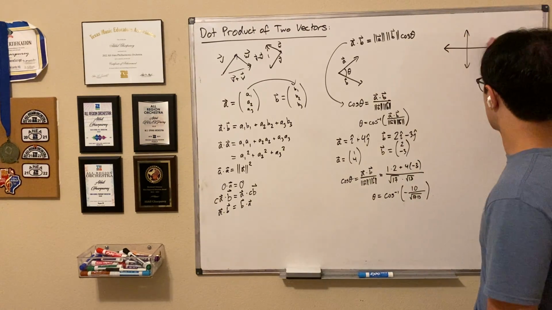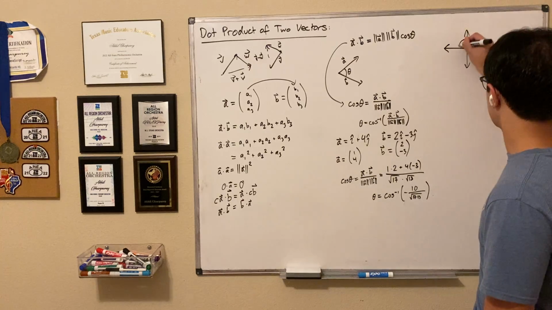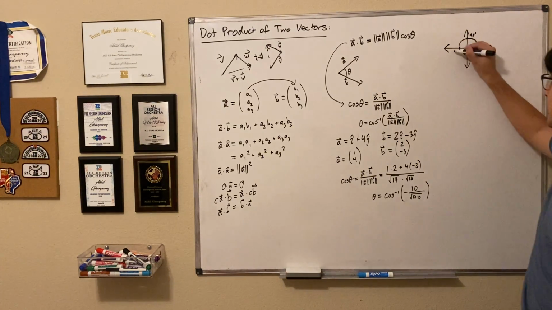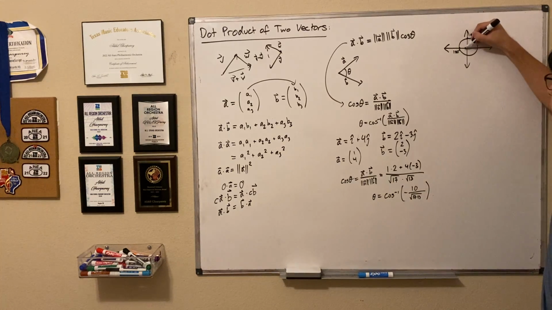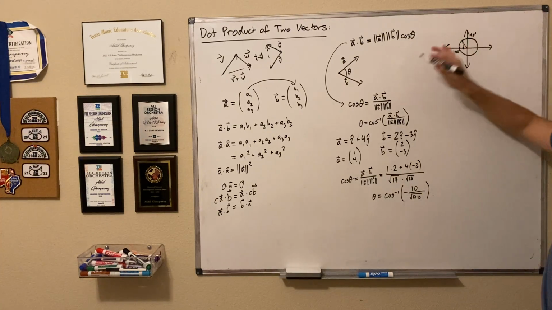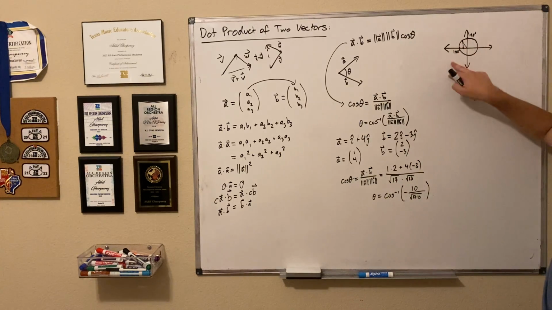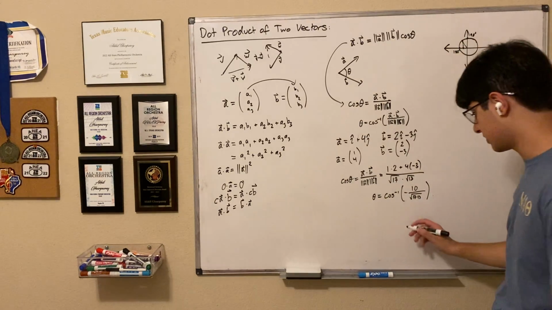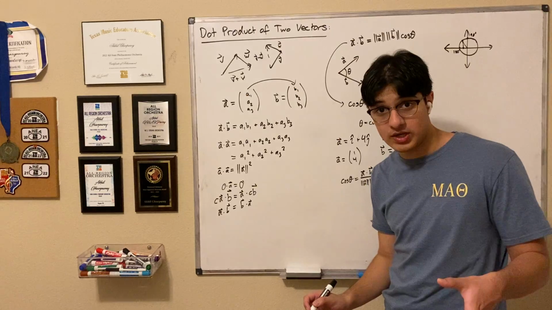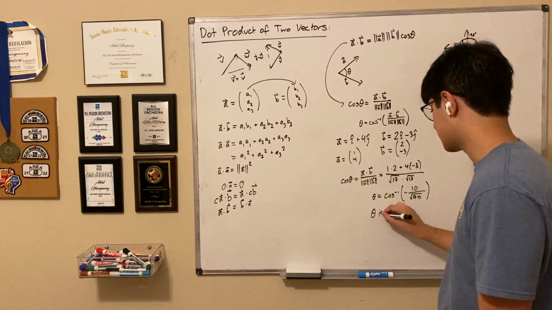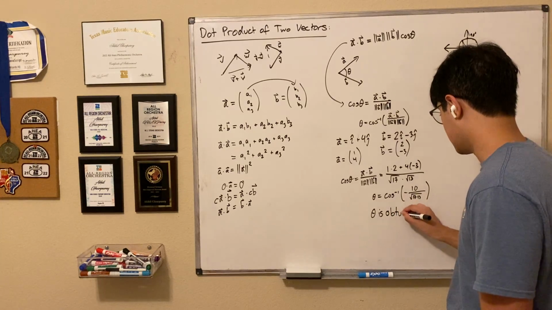If we focus on quadrant 2, the values between 90 degrees and 180 degrees, you notice the x values are always negative. Hence, cosine inverse is going to spit out a value between 90 and 180 degrees, and any angle between 90 degrees and 180 degrees is obtuse. So we can say that theta, in this case, is obtuse.